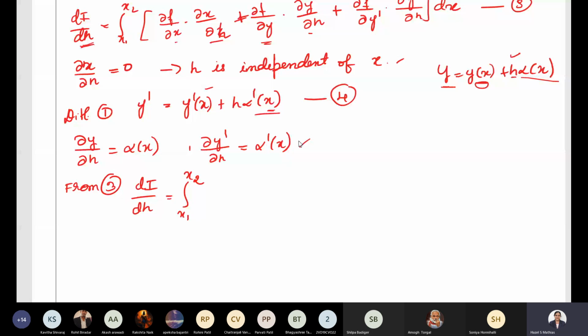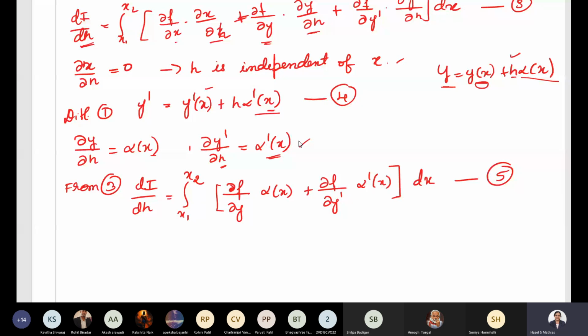The second term, ∂f/∂y into ∂y/∂h. ∂y/∂h is alpha x. So we get ∂f/∂y into alpha x plus ∂f/∂y dash into alpha dash of x, because ∂y dash/∂h is alpha dash of x, into dx. Let's take this as equation 5.